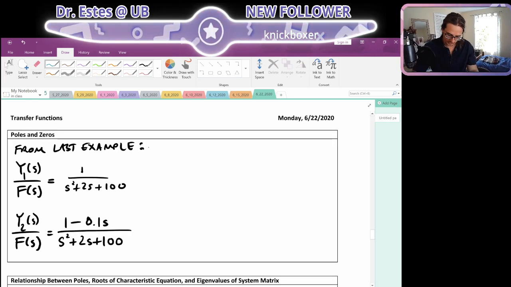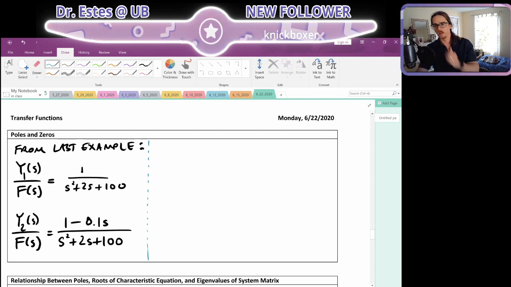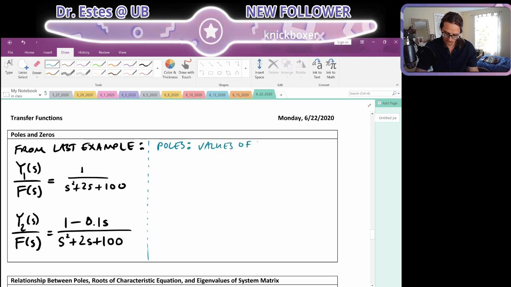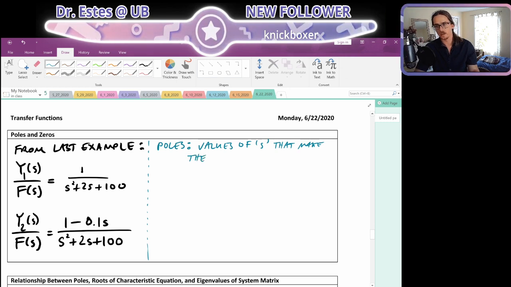Let's put a little divider here. All right, poles. Poles are values of s that make the transfer function equal to infinity.